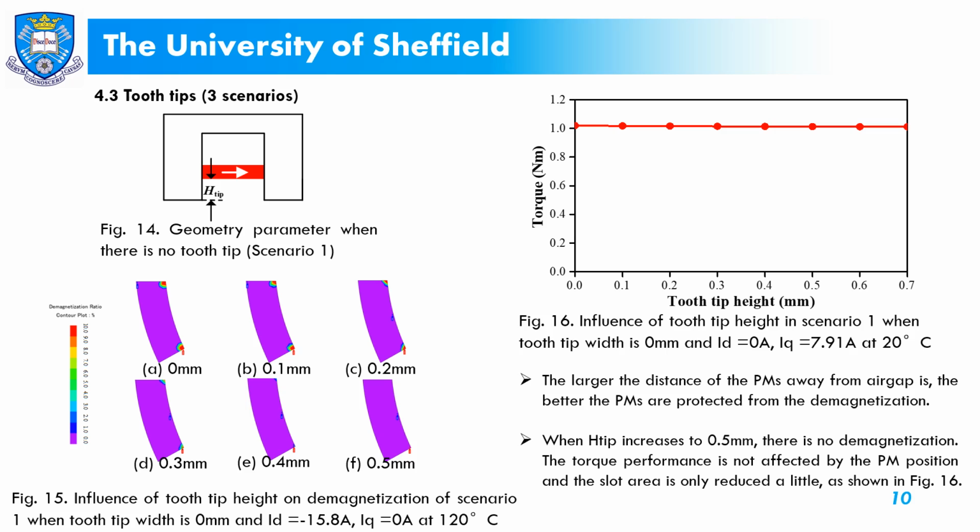And when tooth tip height is around 0.5 mm, there is no demagnetization. The torque performance is not affected by the PM position, and the slot area is only reduced a little.